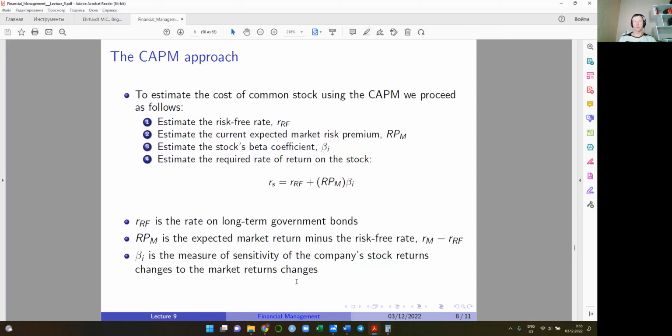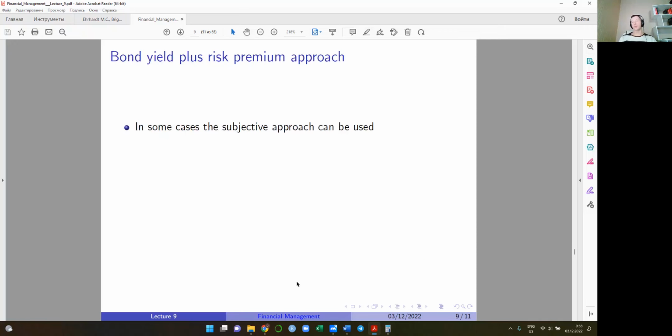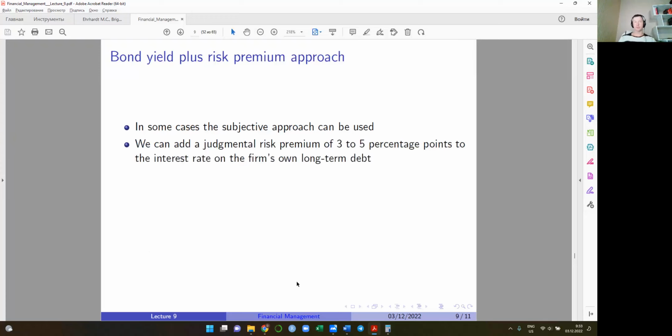So this is the CAPM approach. And the third approach is rarely used, as I said. In some cases, when you are not able to apply either of the two methods, you apply this bond yield plus risk premium approach. This is a subjective approach. And the logic is to take the interest rate on the firm's long-term debt, which is RD from one of the previous slides, plus a risk premium of 3 to 5%.